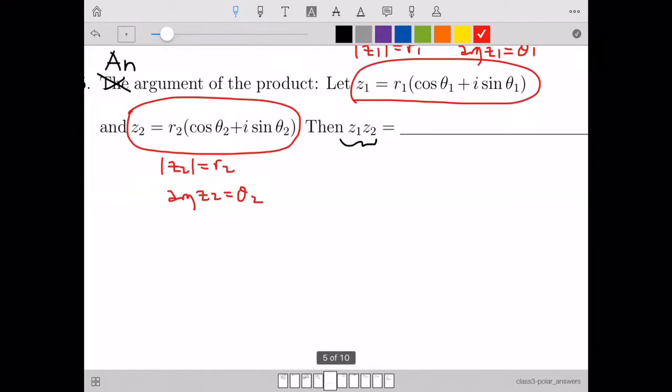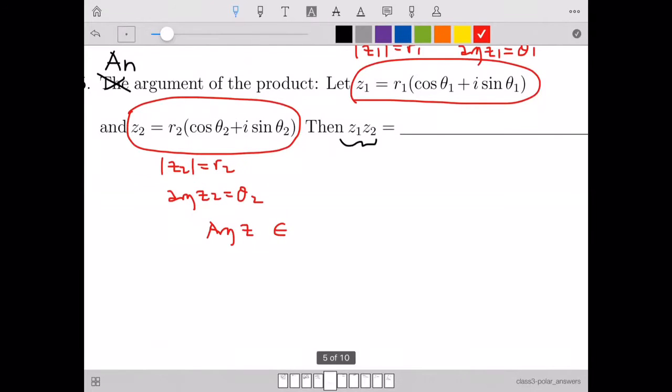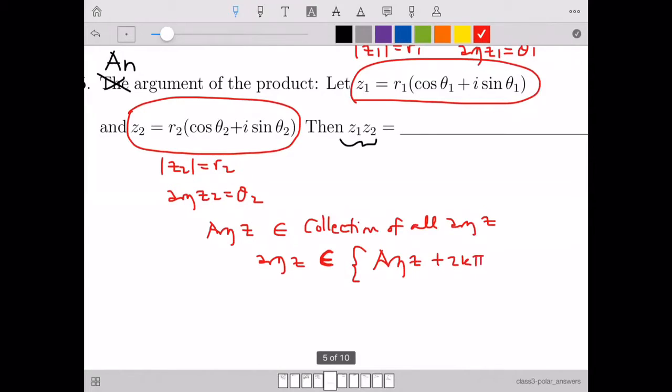Of course, big arg of Z belongs to the collection of all arg Z. So actually I can write arg Z as a set: arg of Z belongs to big arg of Z plus 2k pi, k in Z. I can write all arguments of Z as a set, taking the representative and varying by 2k pi. Any one of these will be an argument of Z.